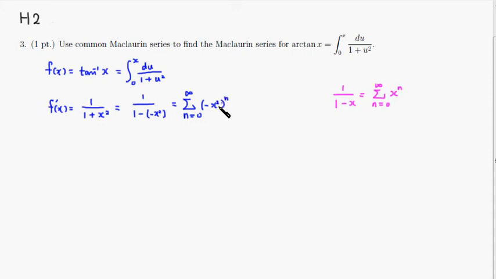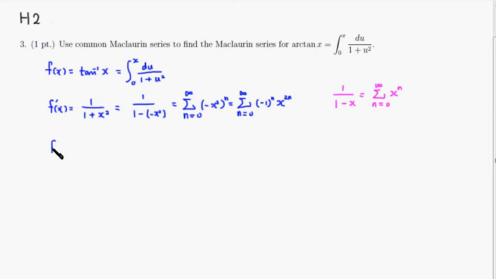If you want, you can make it look like an alternating series: n goes from 0 to infinity, pull out negative 1, so it's negative 1 to the nth power, and x squared to the n is x to the 2n power.